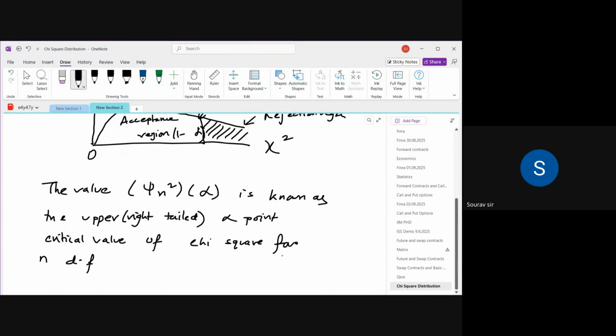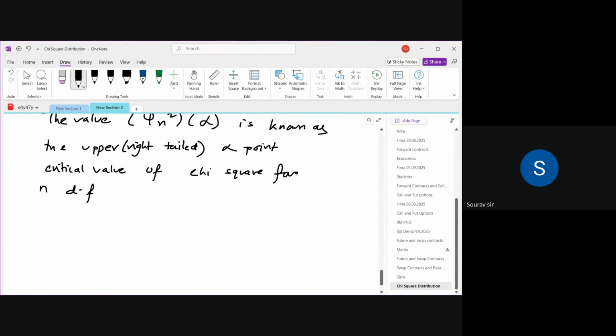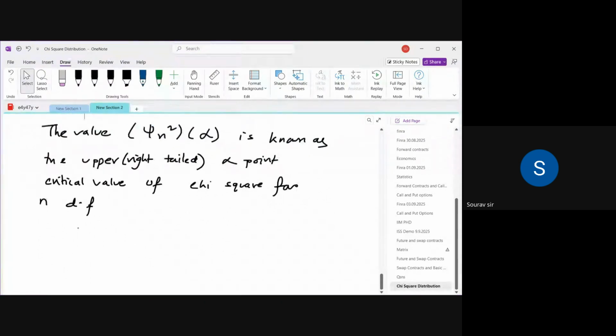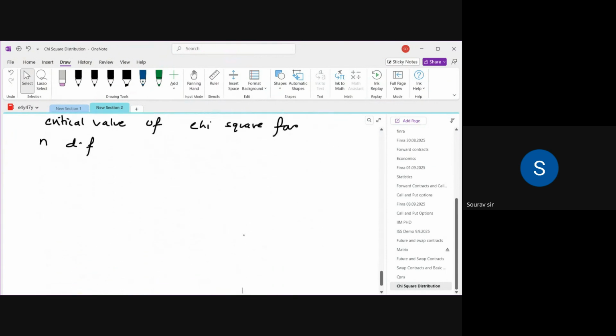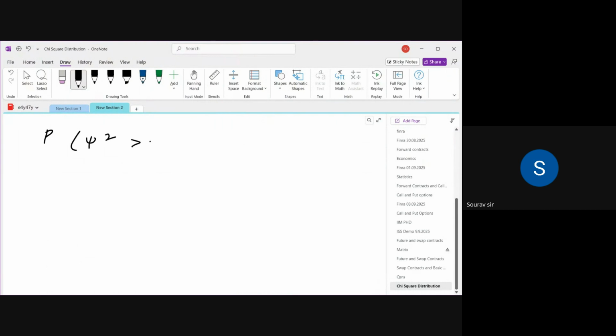The equation was like this: if chi-square alpha is the value for n degrees of freedom, then the area to the right of this point is alpha. This is the acceptance region. Here you see the point, P of chi-square greater than chi-square alpha equals alpha, which is shown.